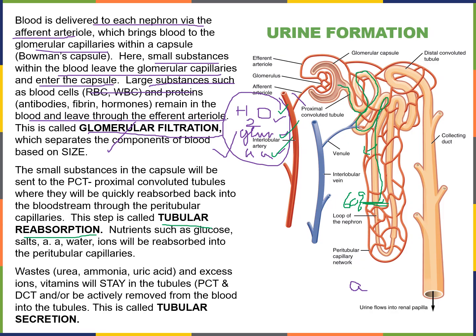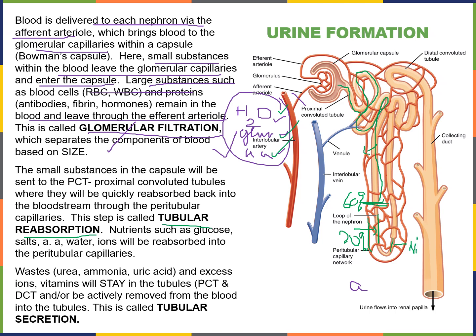So we have this 60% of water reabsorbed, and now we're at the loop of Henle. The loop of Henle has a descending limb and an ascending limb. The descending limb is very permeable to water, so a further 20% of water is reabsorbed in the descending limb. The ascending limb is not permeable to water, but it's permeable to sodium ions.